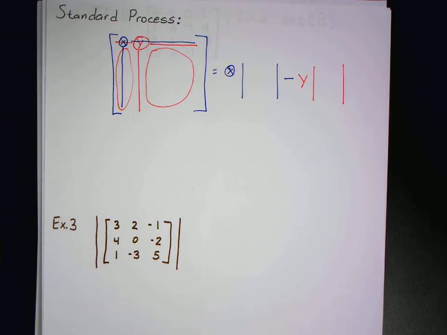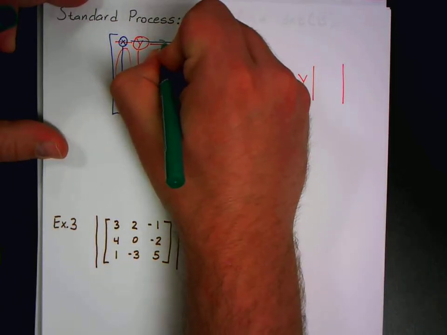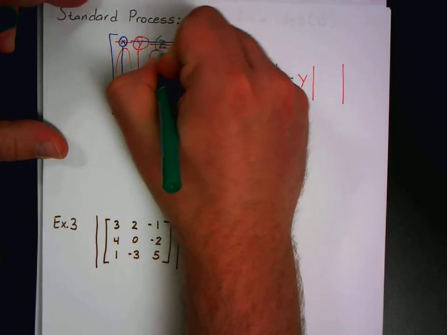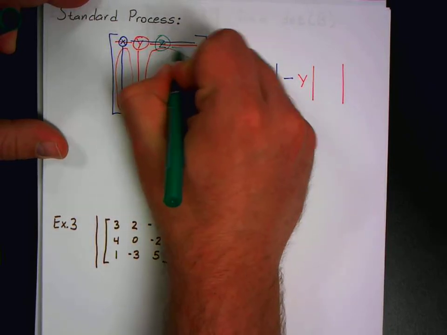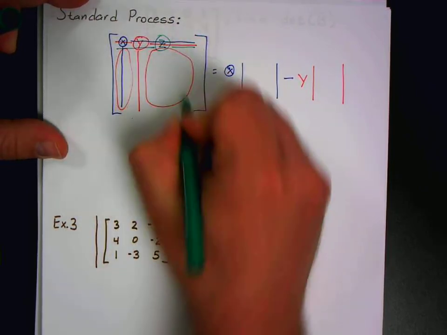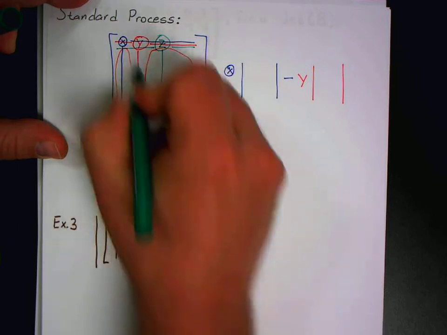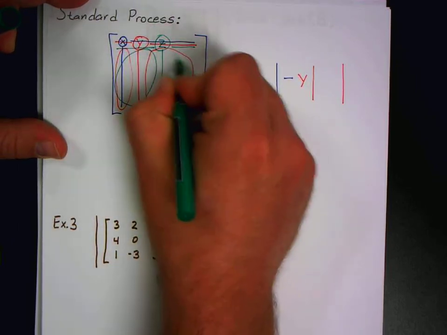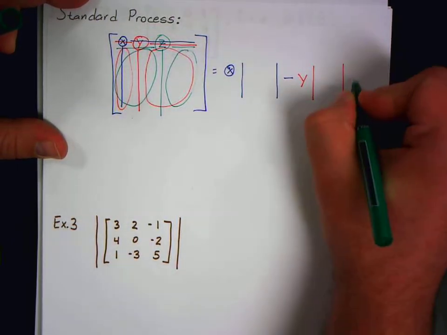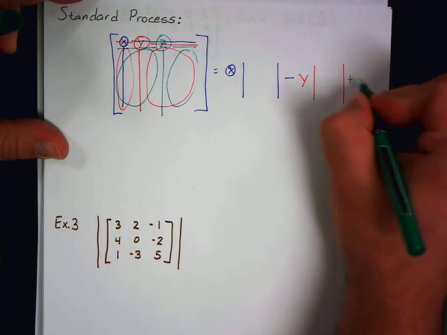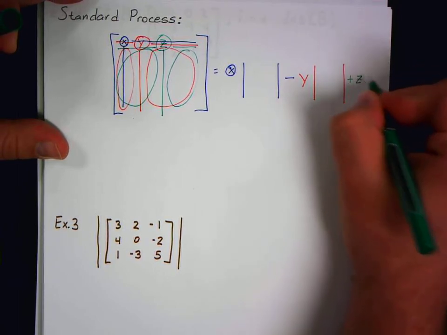Then I would move over to the next item. And I ignore the row and the column. And I would take whatever's over here and over here. Now, what you do is you keep alternating signs.